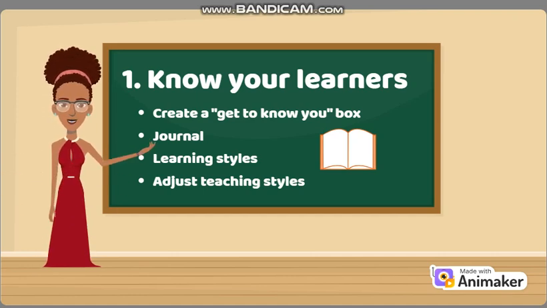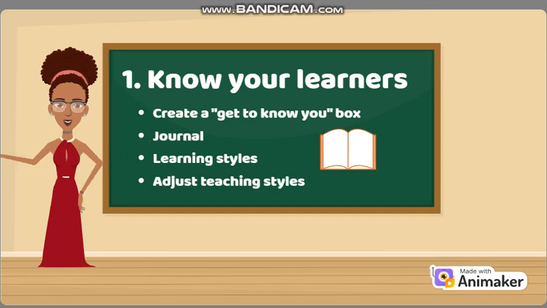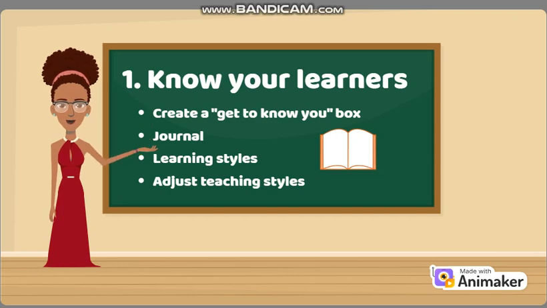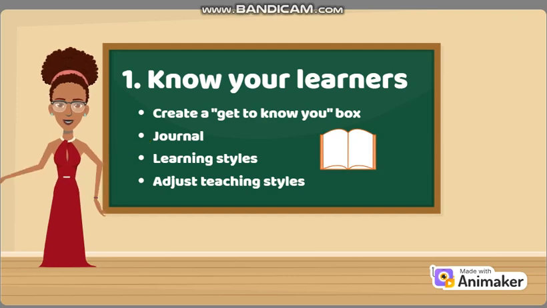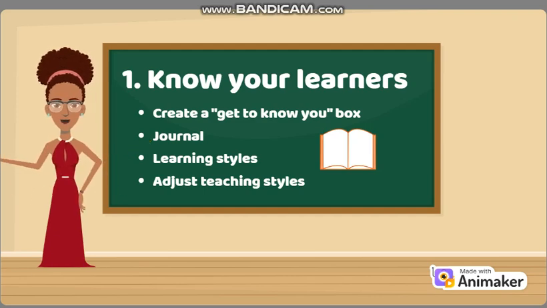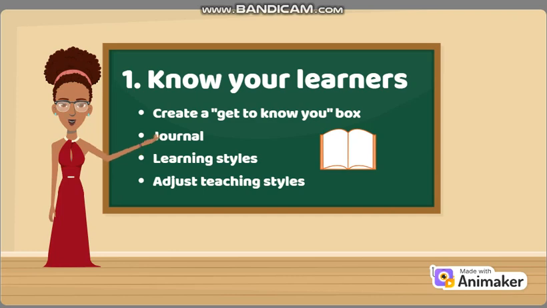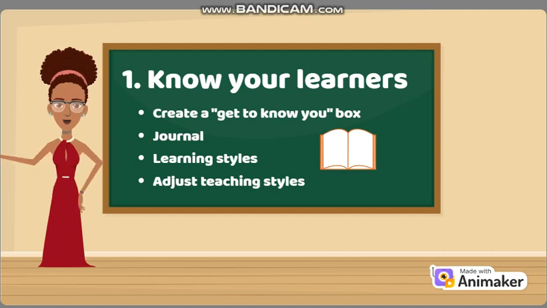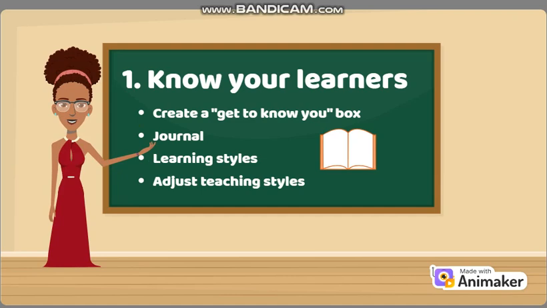And in order for us to do that, we can engage in a fun activity such as creating a get to know you box where learners can privately write down their interests, their learning styles, their expertise, their experience, everything that has to do with getting to know them. Or they can journal down everything. By learning about their backgrounds, we can gain insights into how they think, learn, and connect with others. And this will help us adjust our teaching styles and the classroom environment to cater to all learners.